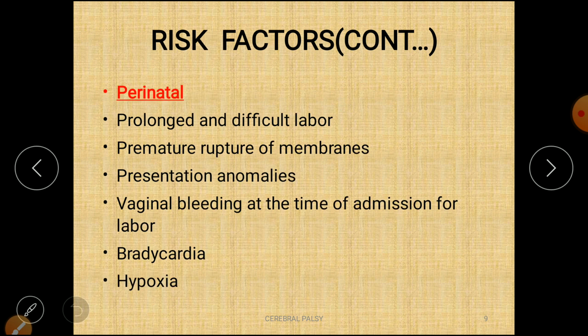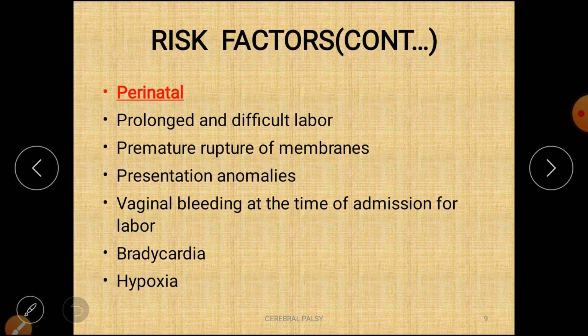Perinatal causes: prolonged and difficult labor, premature rupture of membrane during pregnancy, presentation anomalies. Normally the baby's head should engage on the cervix at delivery time, but if it is a breech position, with the buttock on that side, the presentation anomaly also leads to delivery delay and that causes cerebral palsy.